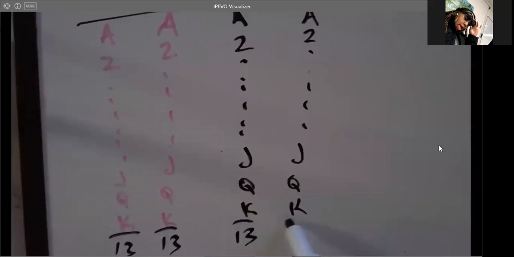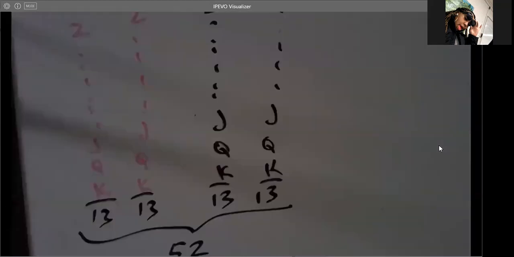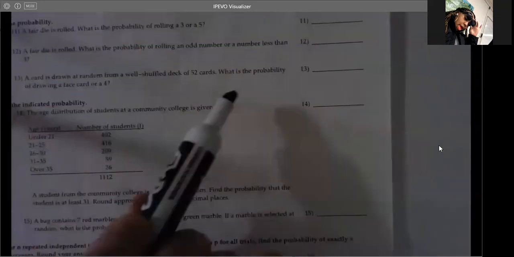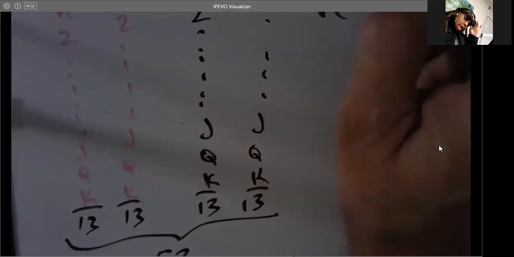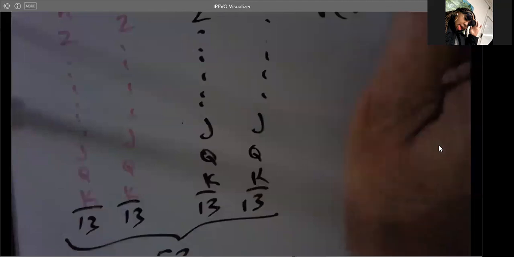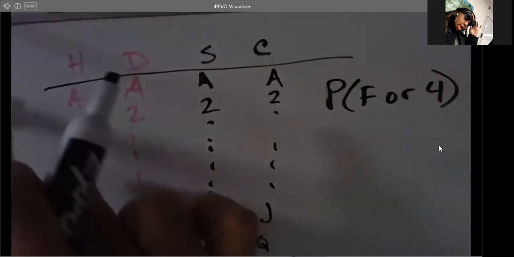There's 13 cards in each suit. Altogether, there's 52 cards. We want to know what is the probability of drawing a face card or a 4. Well, here's 4, right?